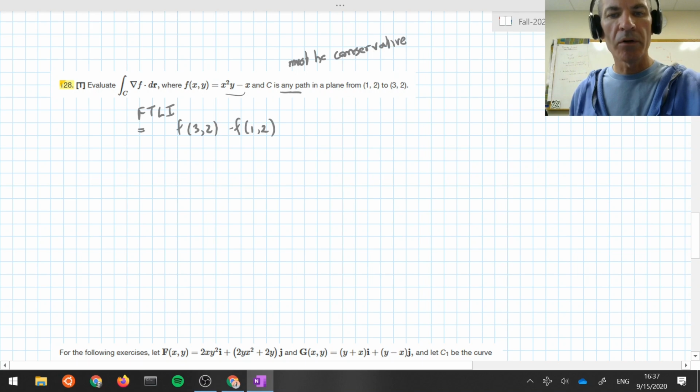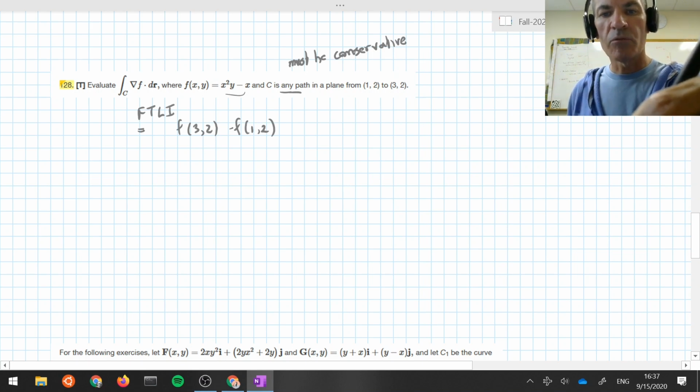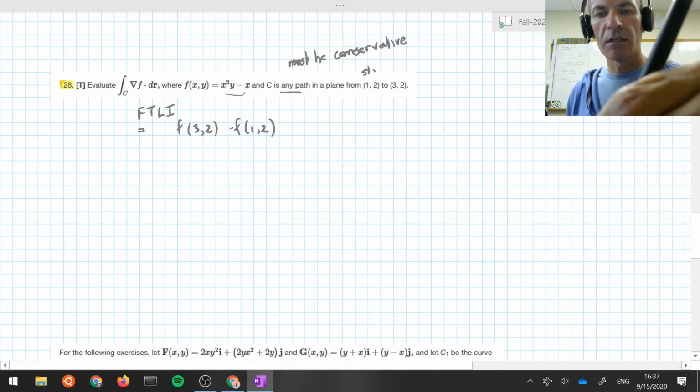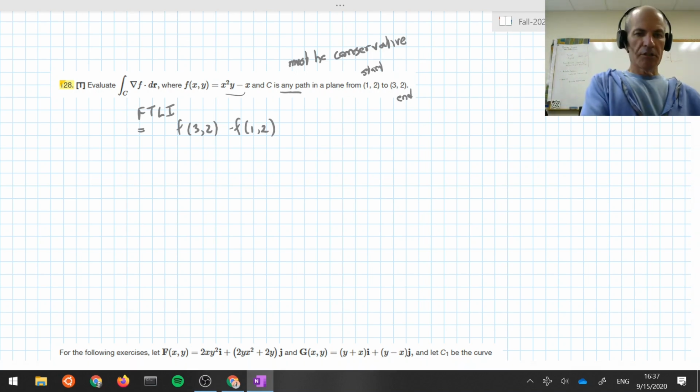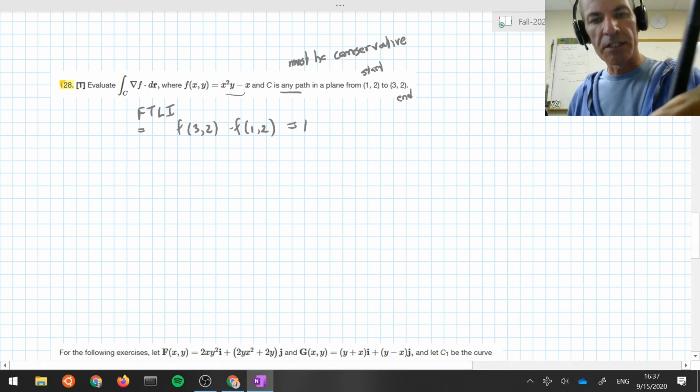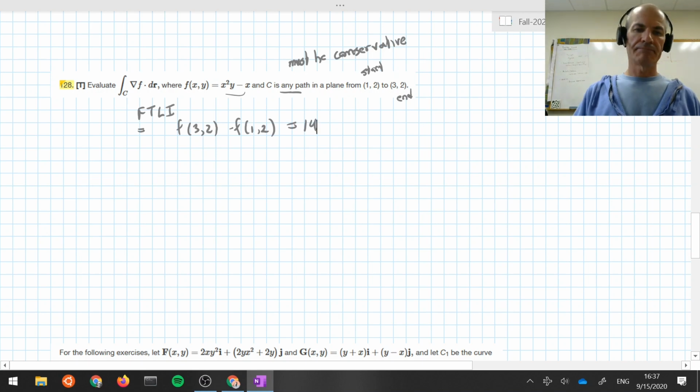And remember, the order is determined by from (1, 2) to (3, 2). So this is the start, and this is the end. And remember, we plug in the end, we plug in the start, we subtract. Let me just check my notes here because I've done this one also. This just works out to 14, and I'll leave those details to you.